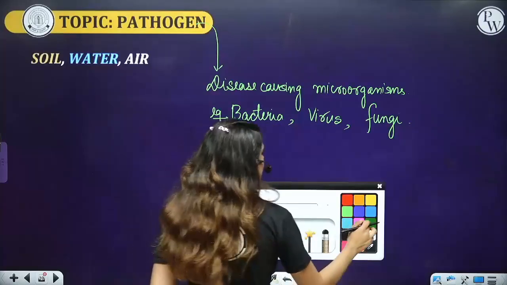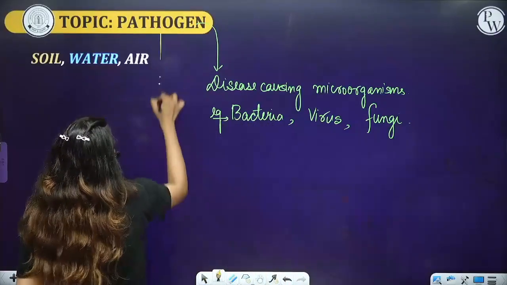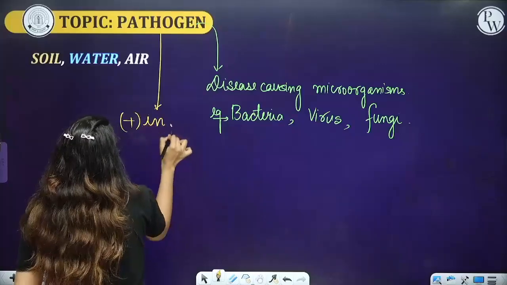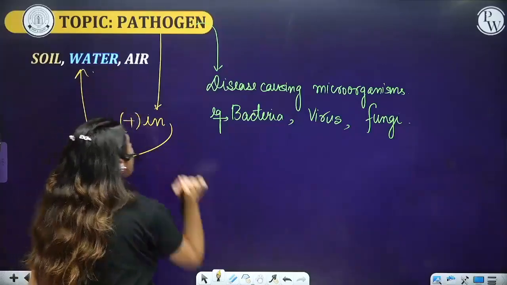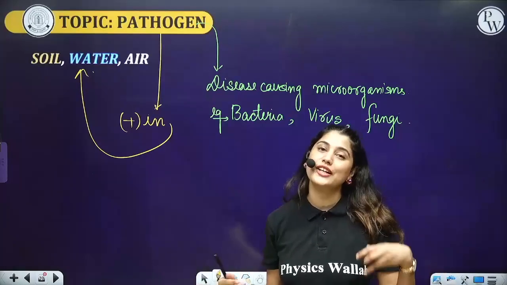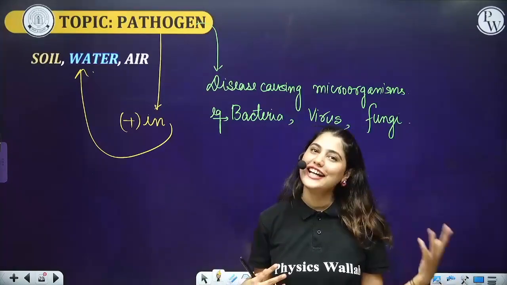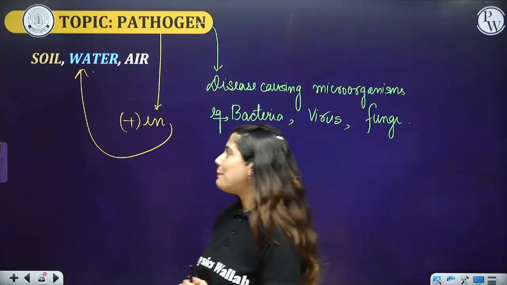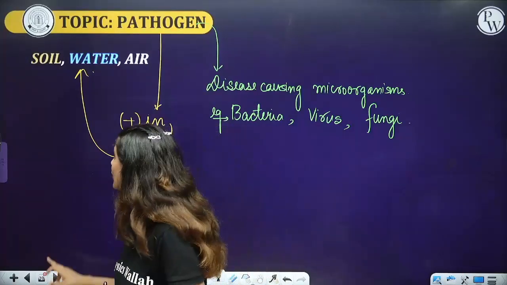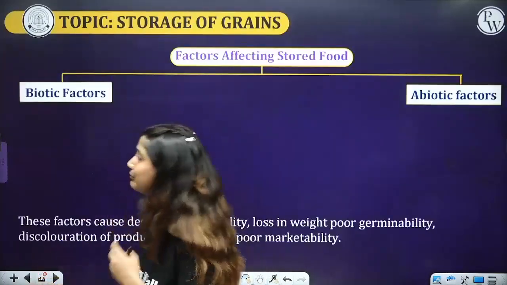These organisms are present in the air, water and soil, right? So yes, they can be transmitted via the air, via the water, via the soil. That was about pathogens, and we have discussed these also in detail, right?